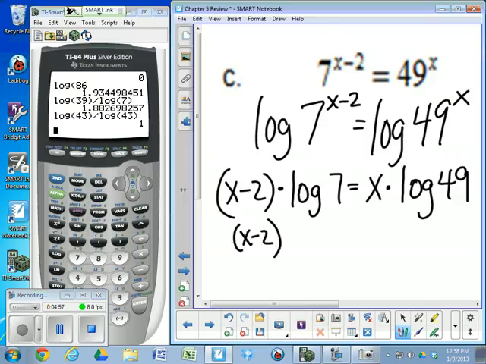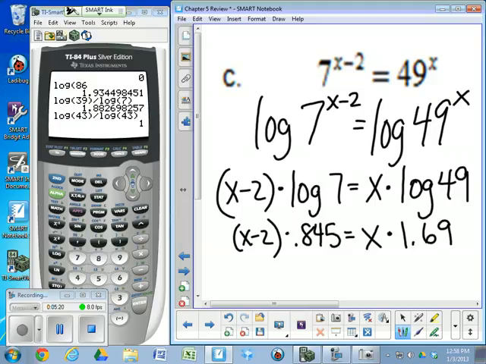I think the log of 7 is 0.845. And I think the log of 49 is like 1.69, 0.69 hm, okay? Like that? Okay. Yeah, that's right. That's what I was thinking.